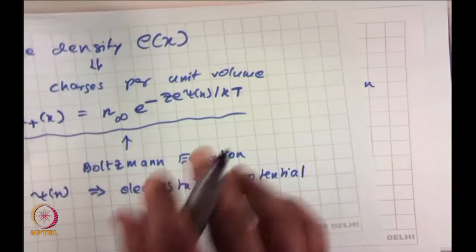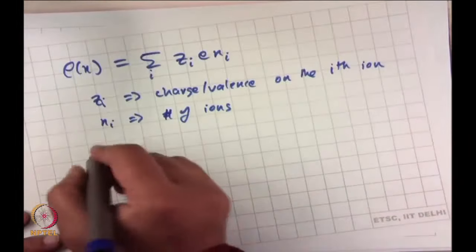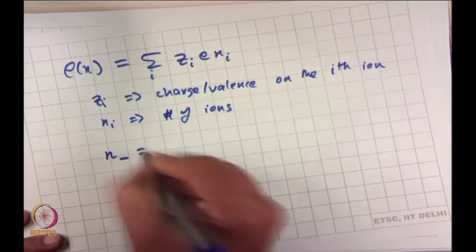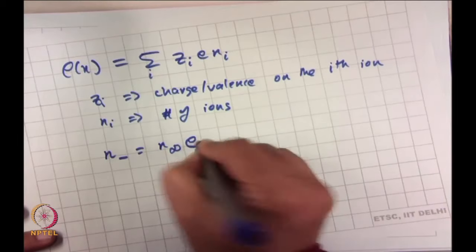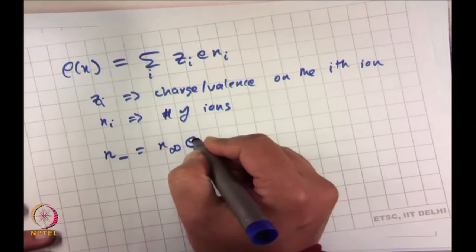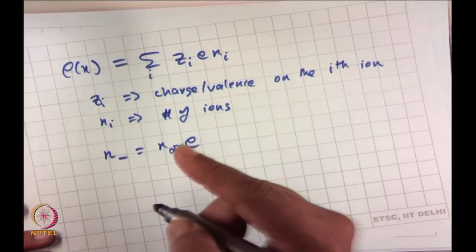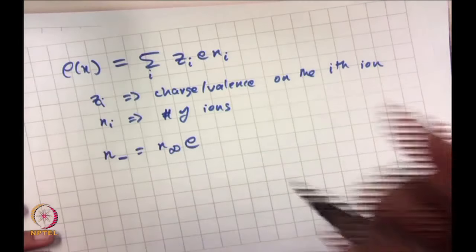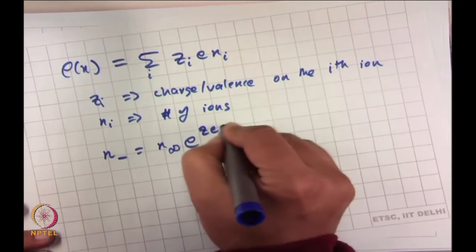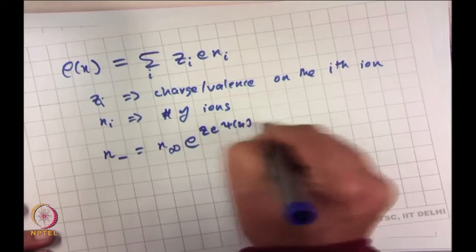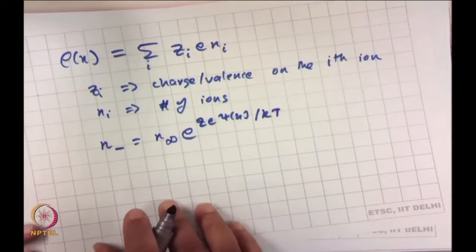So what should I write now? n minus is equal to n infinity, then e to the power, it should be plus, right? Why? Because now z itself is negative and we have a negative sign out there, so it becomes positive. So we have z e psi of x over kT.